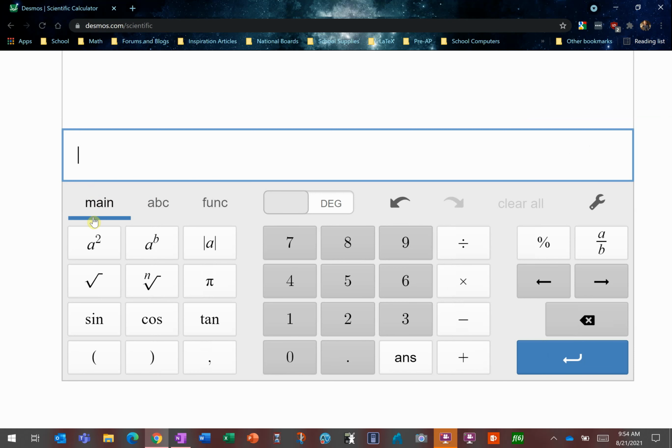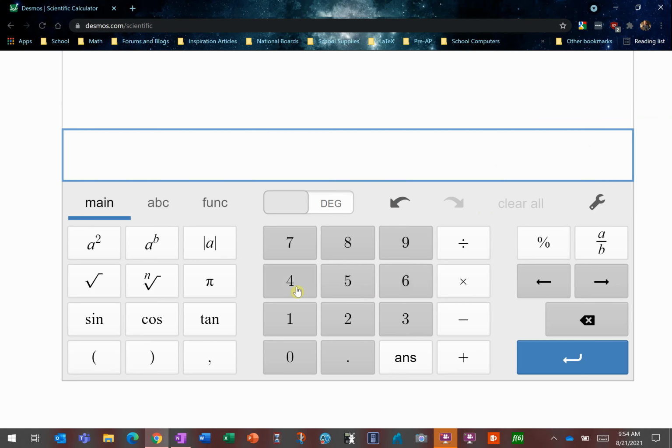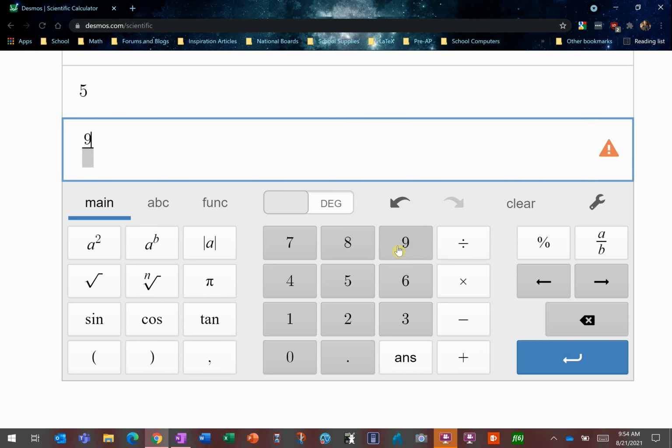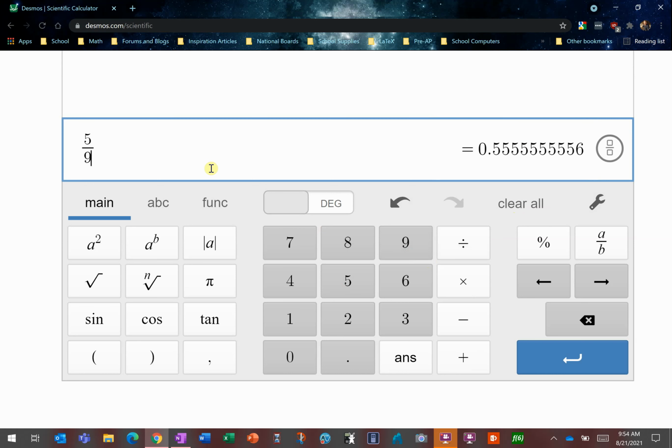But if you go back to the main set here, we're going to go ahead and substitute in 5/9 times 45 minus 32. Try it on your calculator too. Oops, and I'm doing poorly. 5/9. There we go. Nope, I've done poorly again. Second try. 5/9. Excellent. And then you are going to have to go over 1 so that we can do our parentheses, and then 45 minus 32.